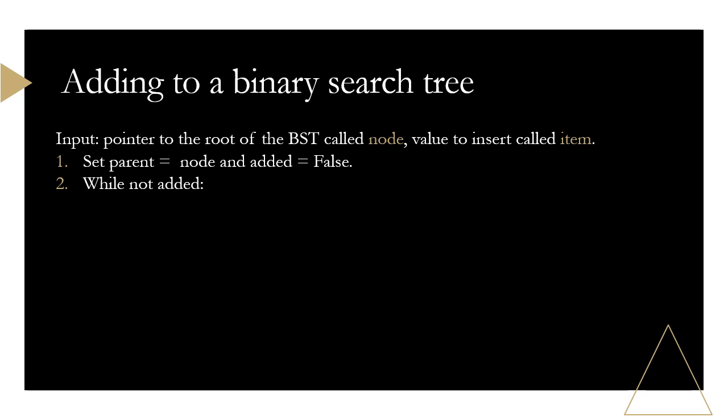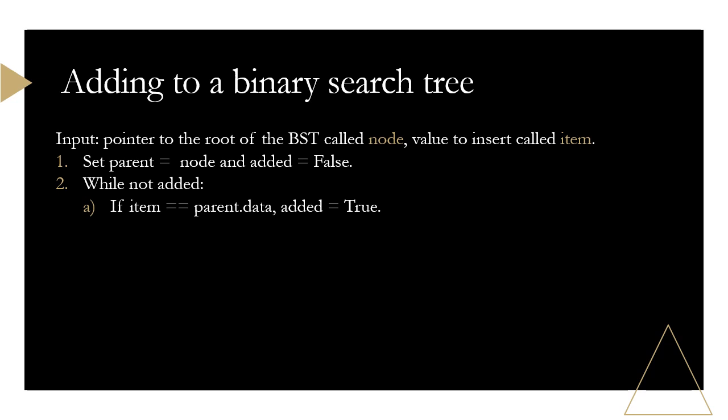While not added, so a while loop starts. A. If item is equal to parent.data, added is true. There is no place for duplicates in a binary search tree. So if an element is already part of the binary search tree, we never re-add it.